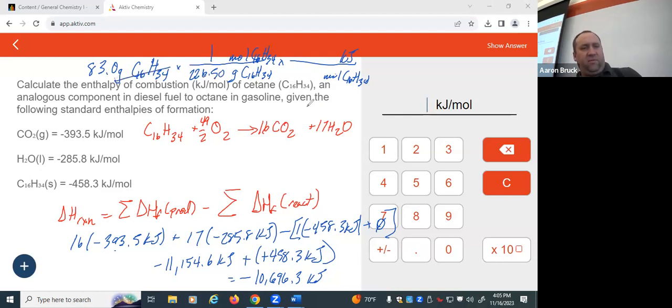That's going to get my grams to cancel. And then from the balanced chemical equation, 1 mole of cetane, since our coefficient here is 1, would let out negative 10,696.3 kilojoules. My moles cancel.